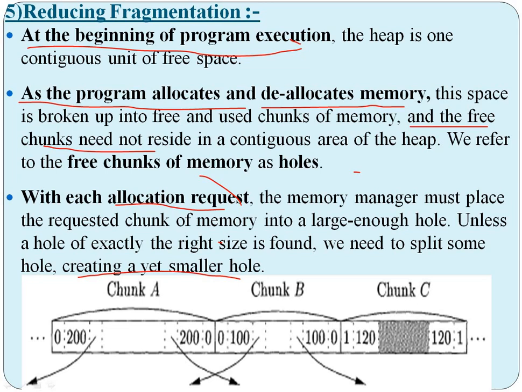So the block is again split into smaller chunks. This process is called fragmentation, division of memory into blocks or smaller chunks. So this is chunk A and this is chunk B.